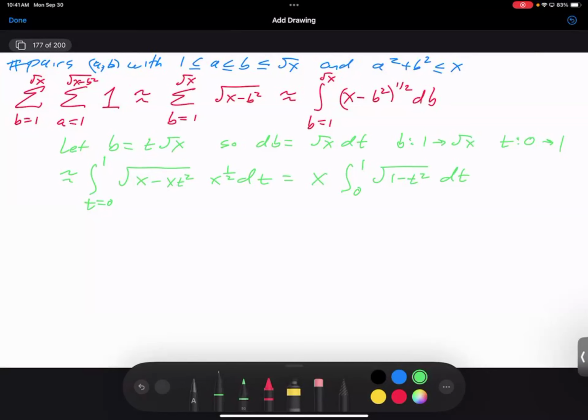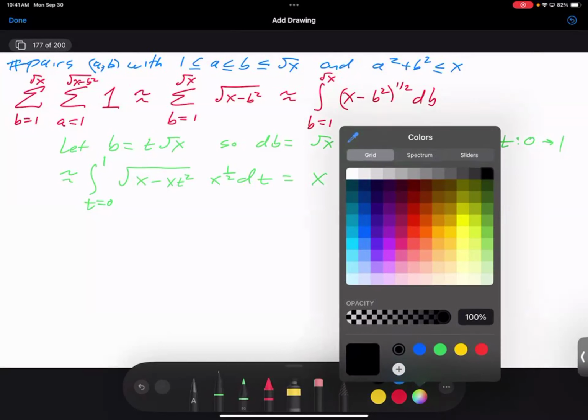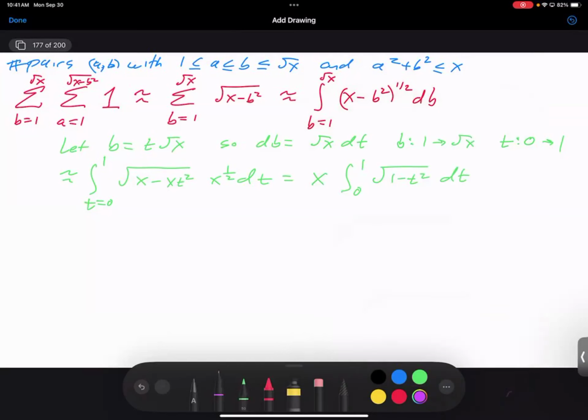So the upper bound, we know it's at most 1. Does anybody remember how to integrate the square root of 1 minus t squared? You're allowed to split it into 2 parts. It's integration techniques. U-sub.